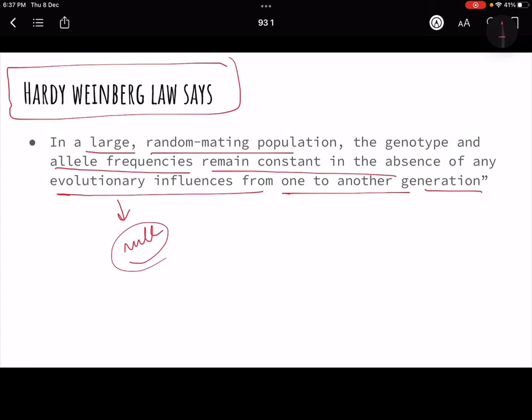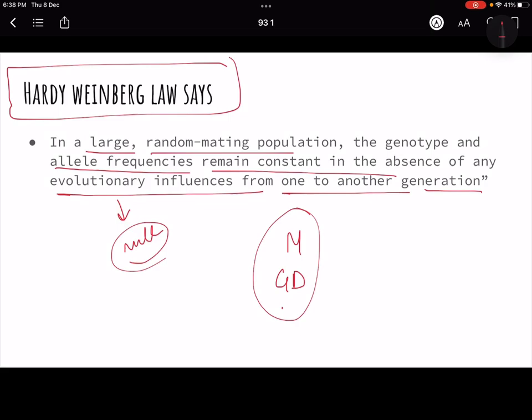That means there should be no migration, no genetic drift, and no non-random mating, that means there should be random mating. But that is not happening in the real world.